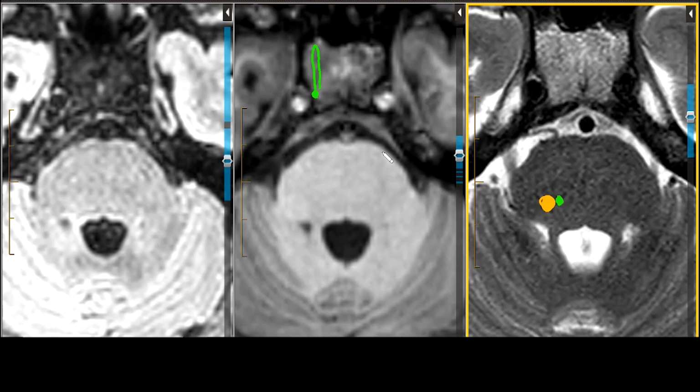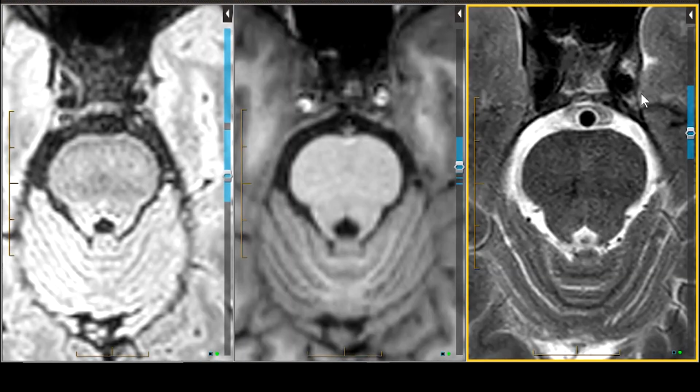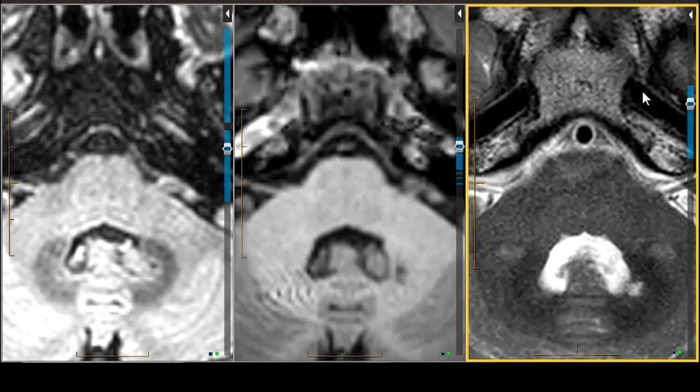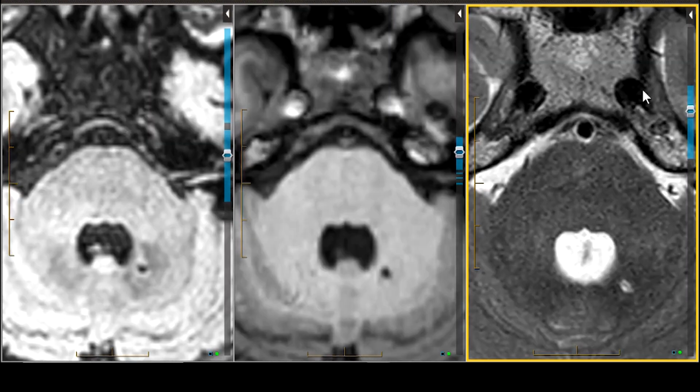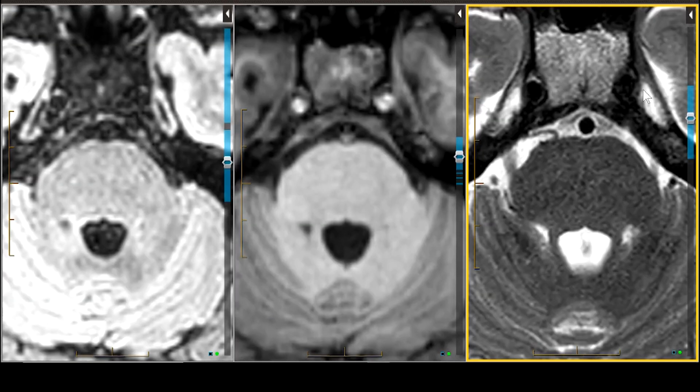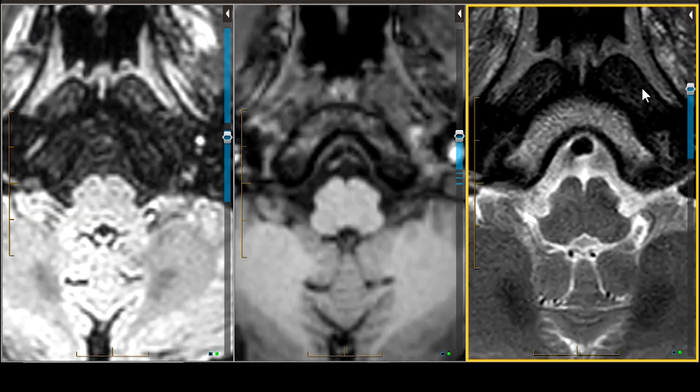And the portio minor is going to send synapse fibers to the trigeminal mesencephalic nucleus of 5, which is going to be over here, and then to the principal motor nucleus, which is going to be right there as a round green structure. And then as we scroll up and down, you can just get an idea of where these things would exist relative to the antero-posterior orientation and cranio-caudal orientation, even in the medulla.